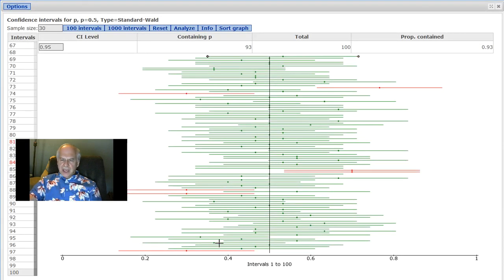Okay, so this one had 1, 2, 3, 4, 5, 6, 7. So sometimes it'll be more than 5, and sometimes it'll be less than 5. But on average, it'll be 5 out of 100, or 5% of the time, our confidence interval will not contain the true population value, which in this case is 0.5. So I hope you understand what I'm talking about here.